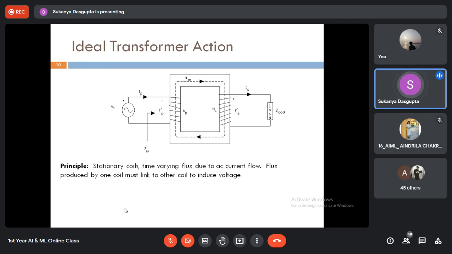So look at the block diagram of the ideal transformer. It includes the primary winding having NP number of turns, which is connected to the input voltage of alternating type, VP, generating an alternating current IP.